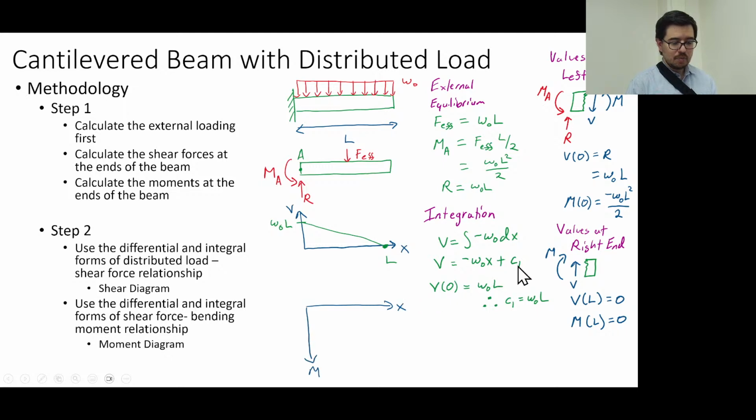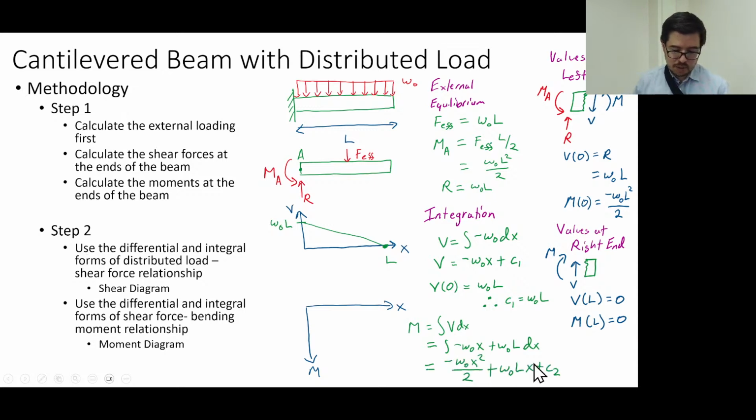We know that on the right end, V of L was equal to 0, so that's going to be down here. Okay. We integrate this equation with that constant, and then we get the quadratic term, and then a new constant, which has to satisfy what?